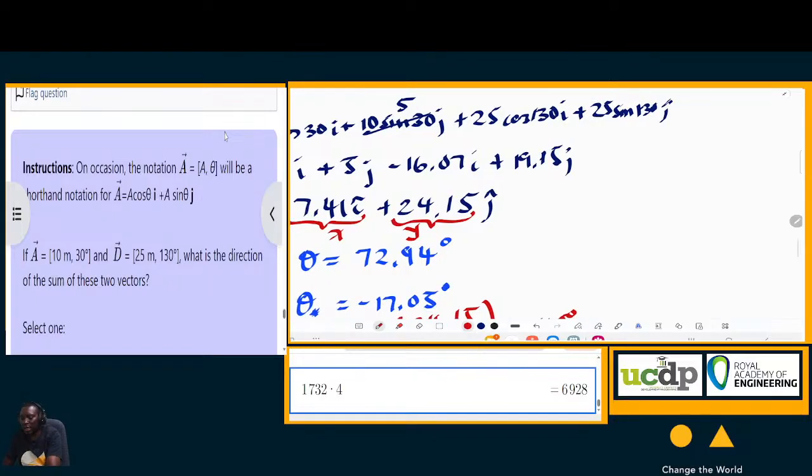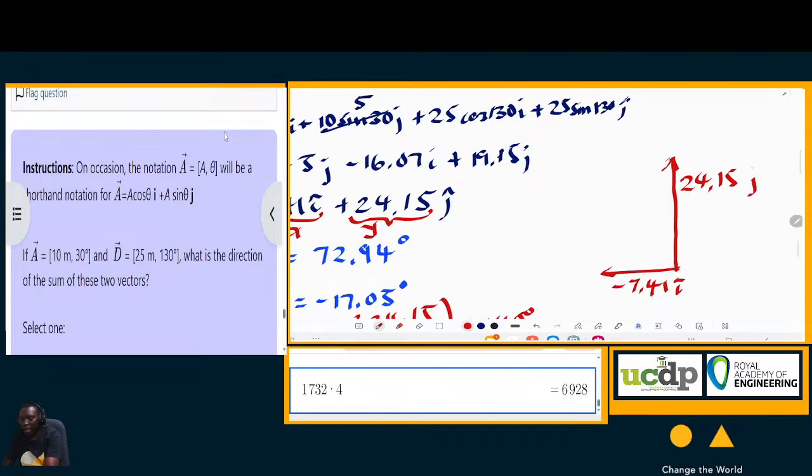This resultant is simply minus 7.4 in the i direction with a plus 24.15 in the j, right? These are the components of the resultant vector.